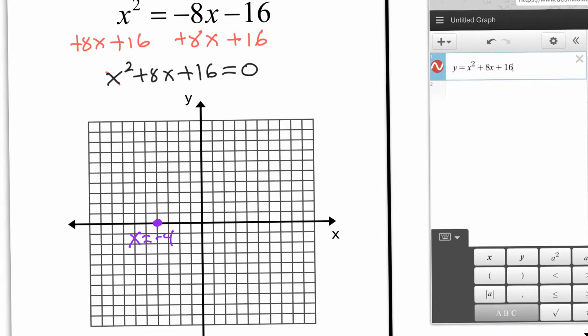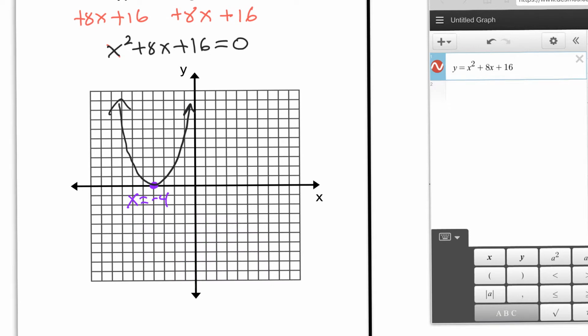And my U-shape, I'm not going to make a great U-shape, but I want you guys to just copy the parabola, and it doesn't have to be accurate for today. Yesterday, on the previous video, I did show you the steps to graph a parabola in standard form, and later on we're going to do more graphing by hand. But today we're just going to have an idea what the graph looks like. And you do have your answer as x equals -4.